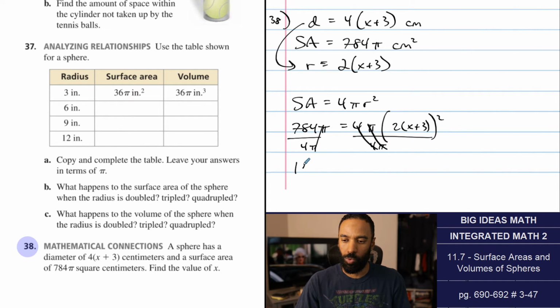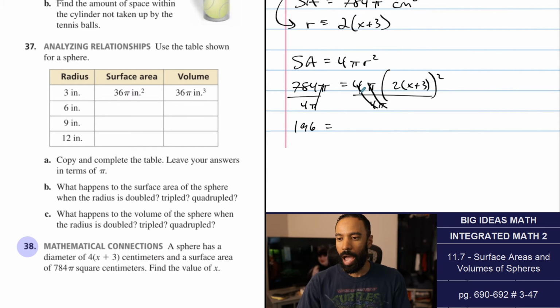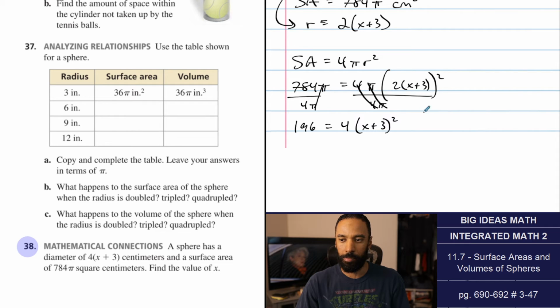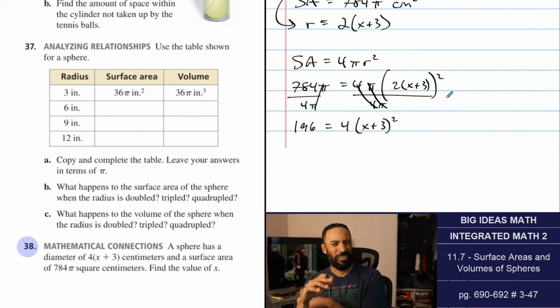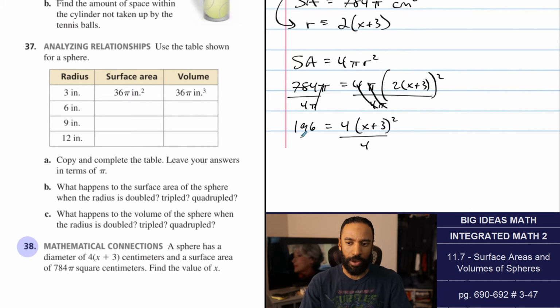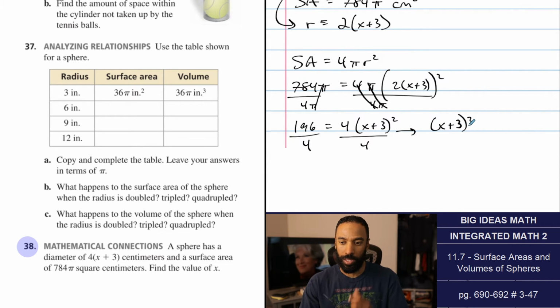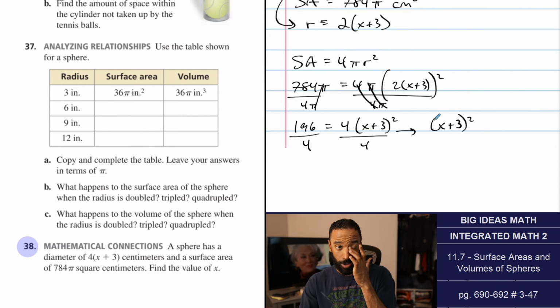Okay. So 196 equals, now here's the other part. I'm going to square both of these. This is 4 times x plus 3 quantity squared. I just squared the 2, and I'm still squaring x plus 3, but I don't have to distribute that unless I feel I have to. If I divide everything by 4 now, that would be incredibly helpful. Let's write the x plus 3 quantity squared on this side, and 196 divided by 4 is 49.